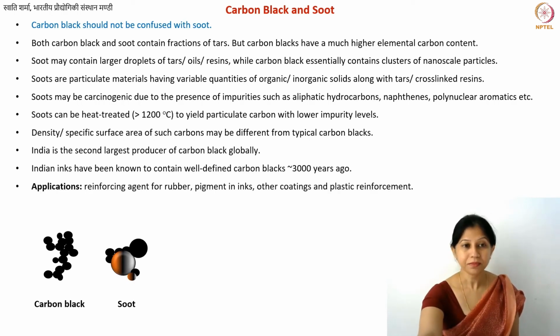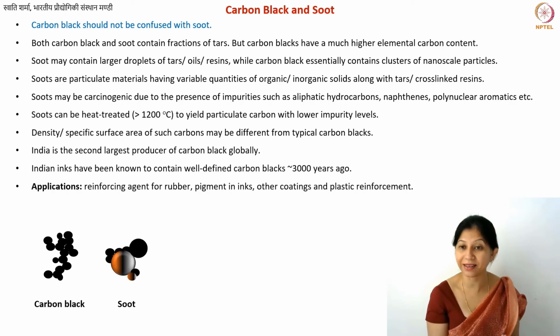Okay. Now, the applications. I already mentioned that reinforcement of rubber is the most important application, and that is why we have the large scale production. But other than that, of course, pigment in inks. Even today, a lot of printing inks, the black color inks, are often based on carbon black. And then you can also reinforce other plastics, and you can make coatings.